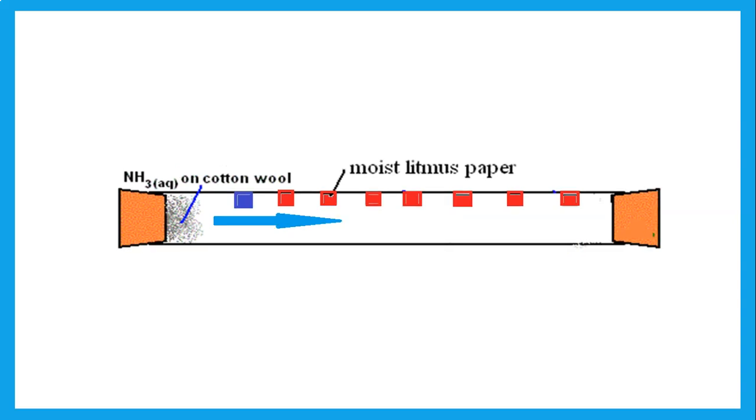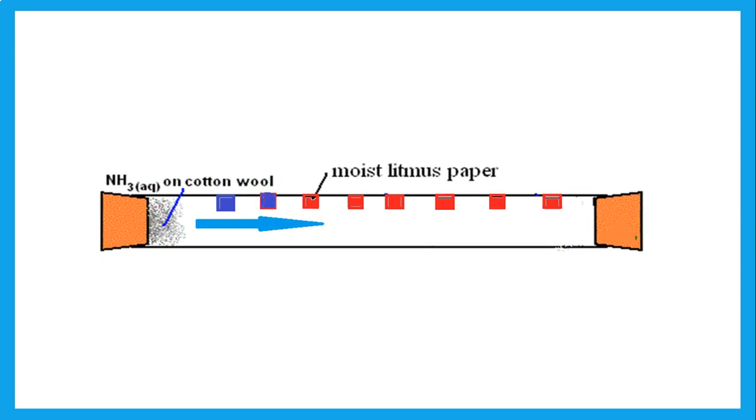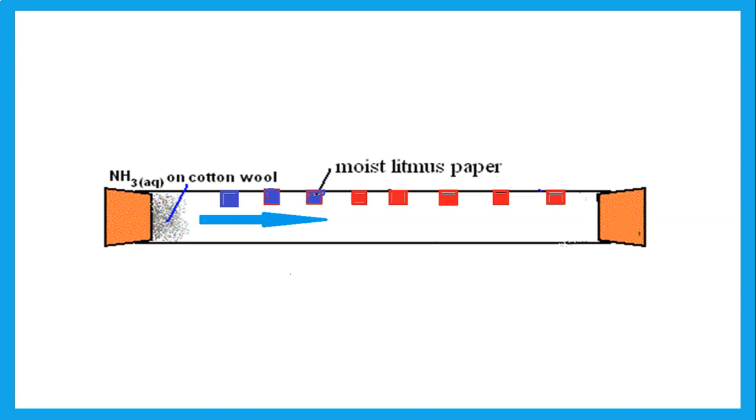Ammonia is alkaline, so as it moves, the red litmus paper becomes blue, and then the next one becomes blue, and then the next one becomes blue, and so on. So this indicates that it is moving from where there is lots to where there is less.